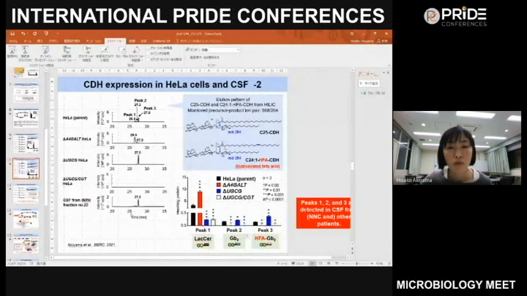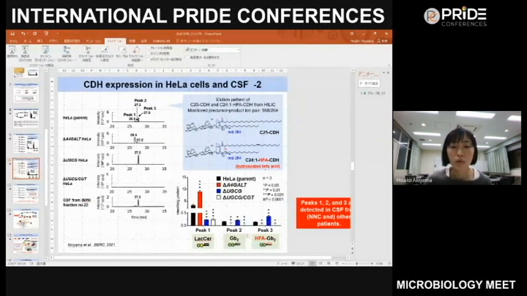In HILIC mode, glycosphingolipid that has a hydroxylated fatty acid in the ceramide part is retained more strongly compared to that having a non-hydroxylated fatty acid. The molecular weight of C25 CDH is the same as C24:1 hydroxylated fatty acid CDH, so we speculated that peak 3 might be C24:1 hydroxylated fatty acid CDH.